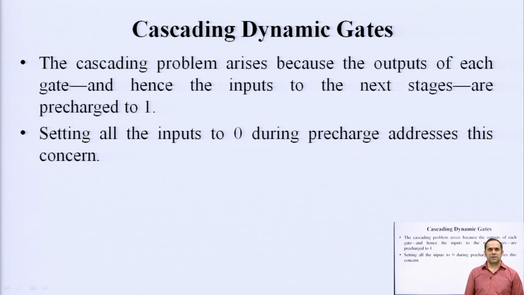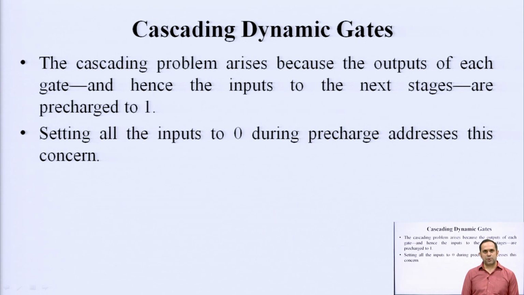Now, because by default you have logic 1 at the output in any dynamic CMOS circuit, the only transition it can make is from 1 to 0. Okay. If it remains at 1, it is holding the charge, that is not a transition. The only transition it makes is from 1 to 0, and that lost charge cannot be retrieved.